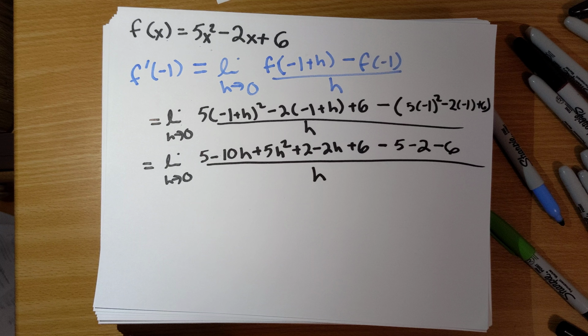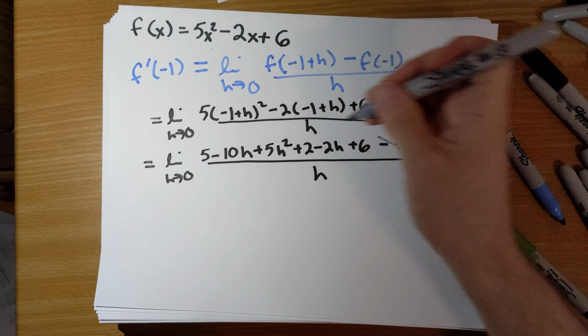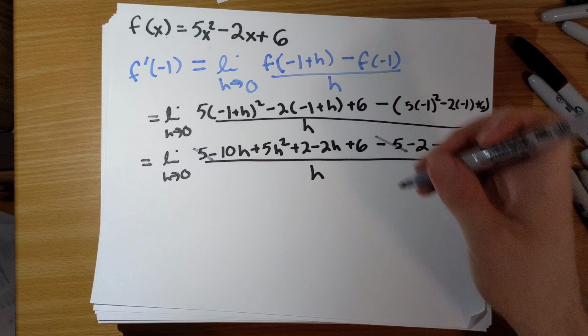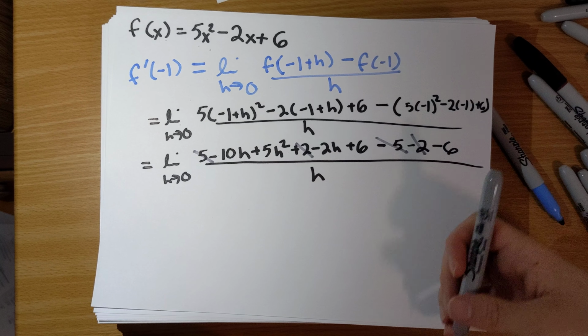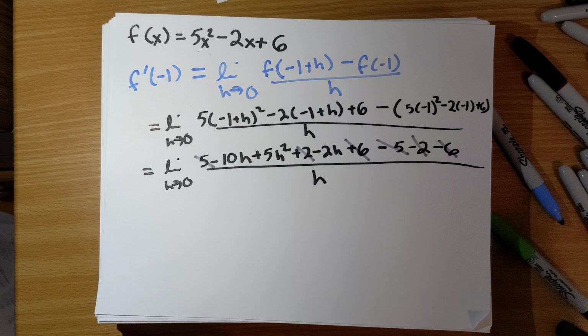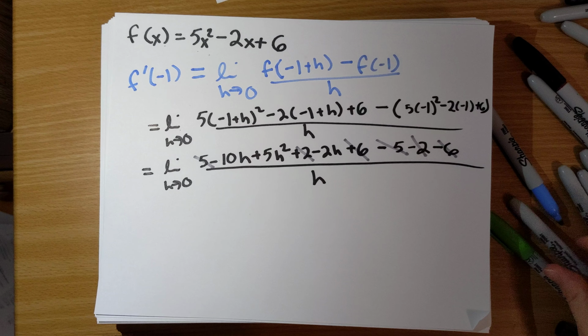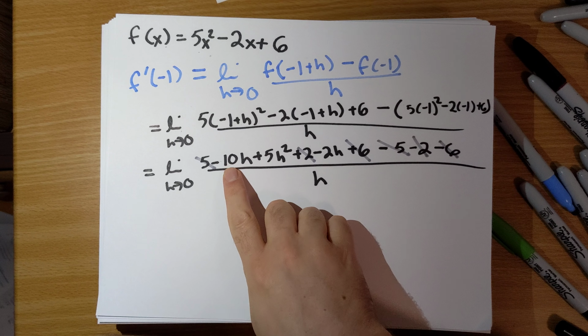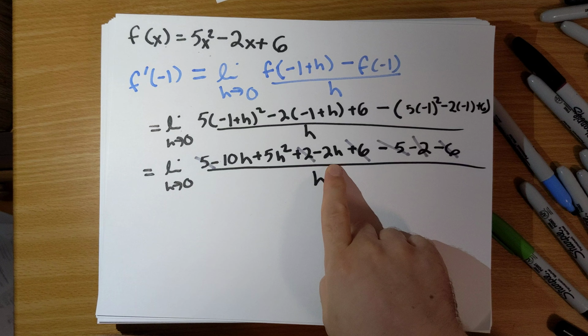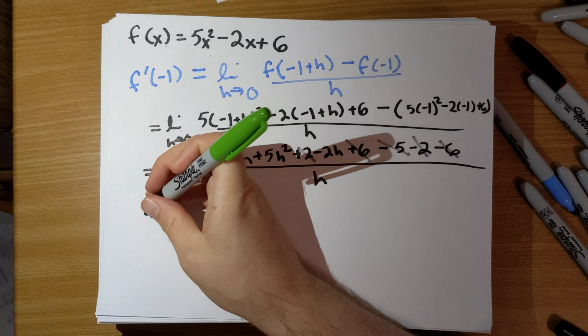Now we should be looking for some cancellations around now. And what is going to cancel? 5 and -5, 2 and -2, -6 and 6. And so the only terms left upstairs are -10h, 5h squared, and -2h.